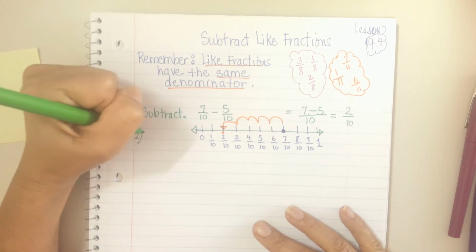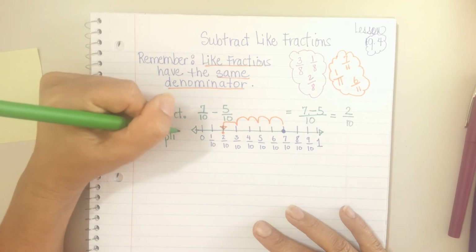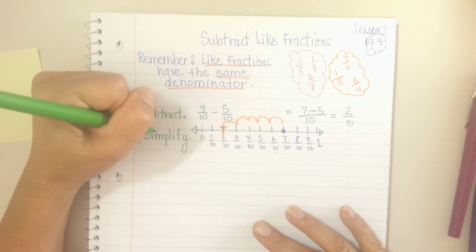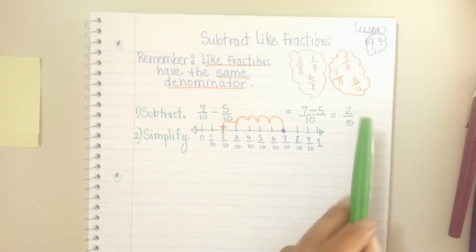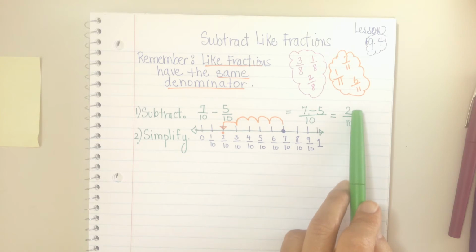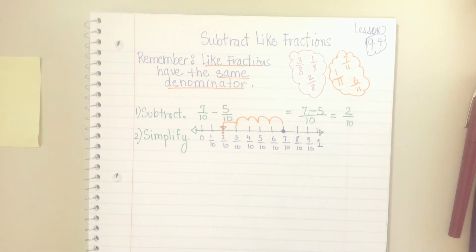Step 2, just like in the last lesson, simplify. Please write that word. These are the 2 steps. So we see that we have an even numerator and an even denominator. That's one way to look at it.